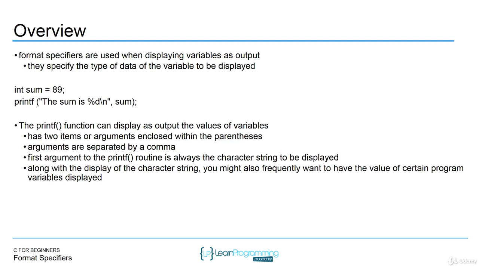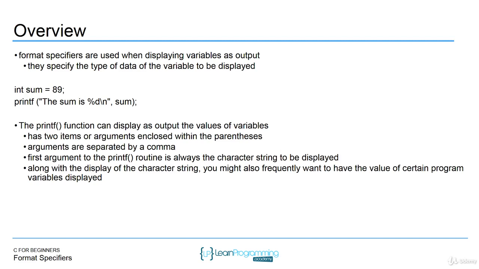The %d is basically saying, when you see the % symbol, don't actually print out %. Print out what's the next argument. So %d is going to be interpolated, or mapped, to the variable sum. Along with the display of the character string, the sum is, right after displaying that, %d is going to be mapped to the variable that you want to display as well.